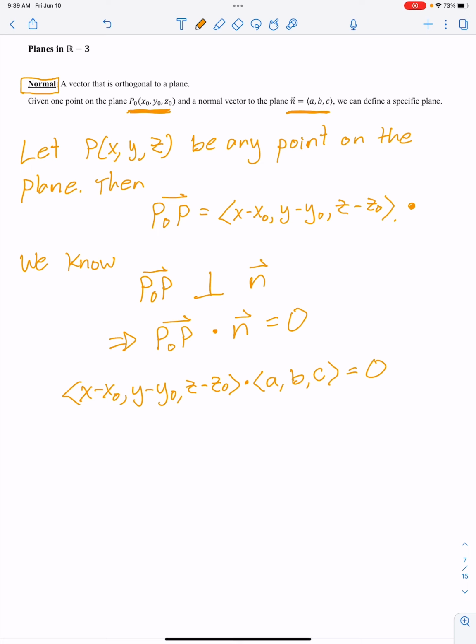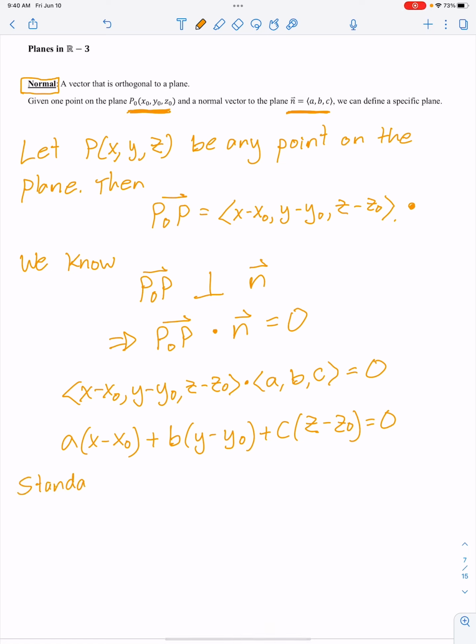Now, when I dot 2 vectors, remember we just multiply our components together, each component, and then we add them. So I get A times (x minus x naught) plus B times (y minus y naught) plus C times (z minus z naught) equals 0. This is actually standard form of a plane.